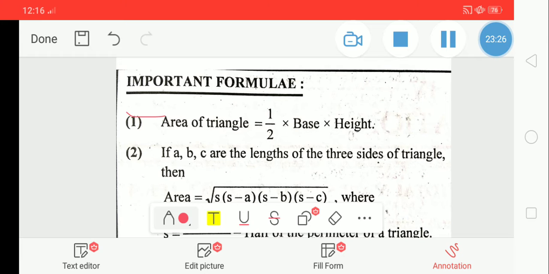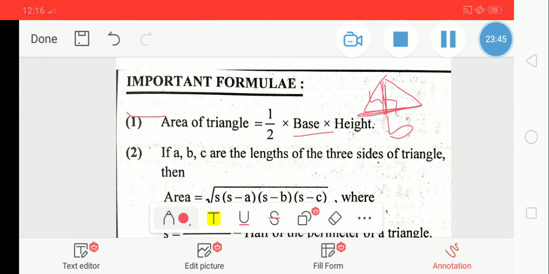We know that the area of a triangle is half of base multiplied by height. So here is a triangle. Here the base is this one, the base B, and the height is perpendicular to the base.